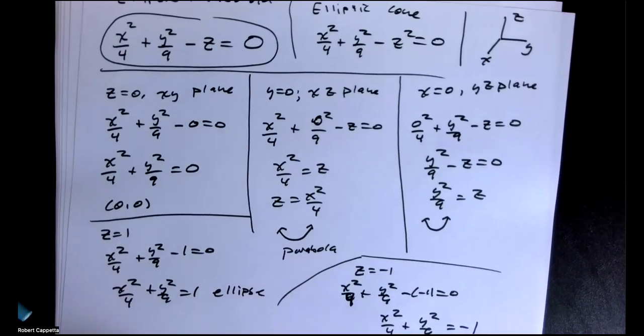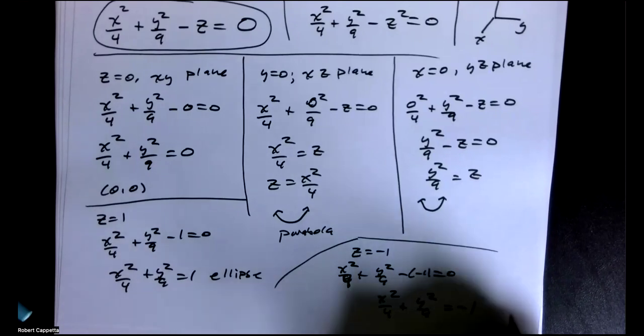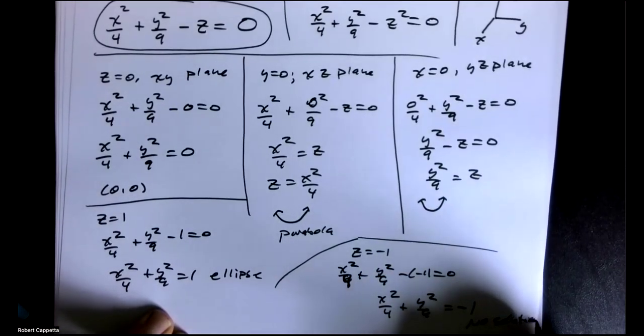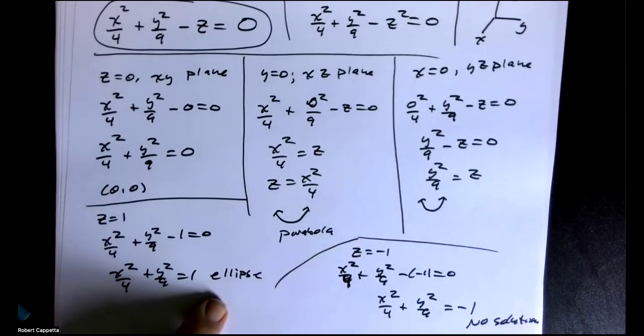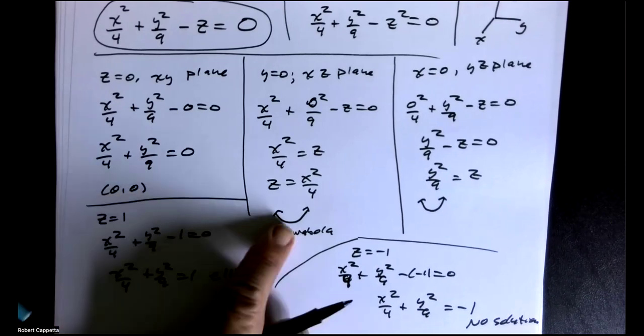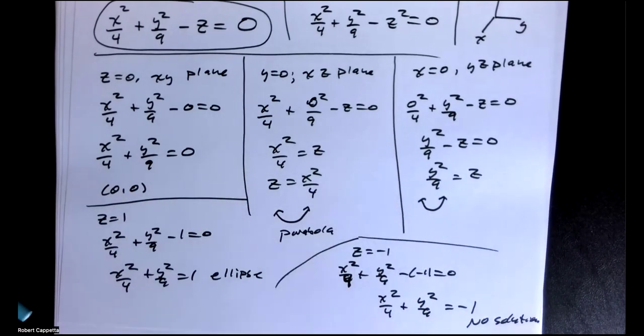And that is nothing, right? That has no solution. So there is no value where z is -1. There's an ellipse where z is 1. And then again, we have a point 0, 0 here in the xy plane, a parabola here, a parabola here. Does that give you enough to visualize it?